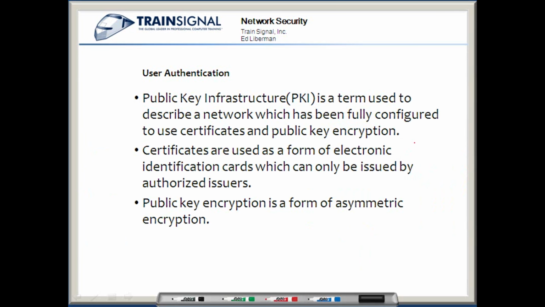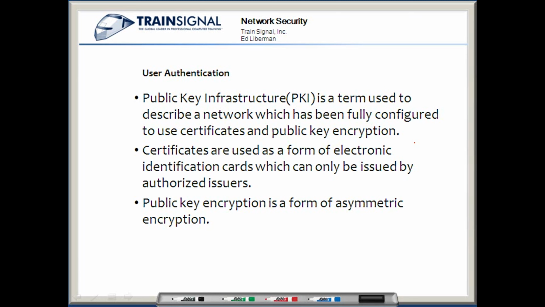Now, another form of authentication that we can put in place is something called PKI. Now, PKI, the public key infrastructure, is actually a term that is used to describe a network which has been fully configured to use secure protocols to have an overall bigger picture level of authentication and security.